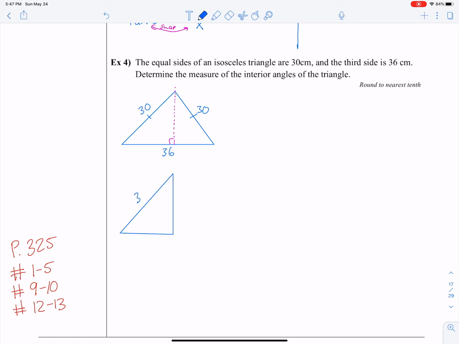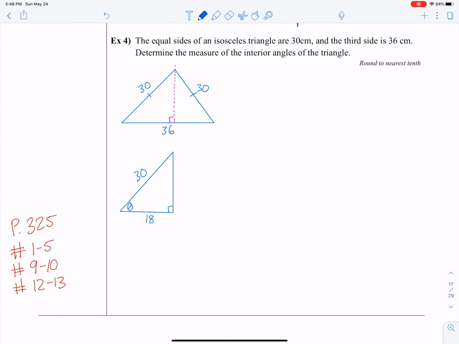So I know that this is 30, and if I took my 36 centimeters, I'm cutting it exactly in half, so I get 18 centimeters. I know this is 90, and I'm trying to find this angle down here. In the end, I want to find this angle and this angle, but I'm focusing just on this one to start.